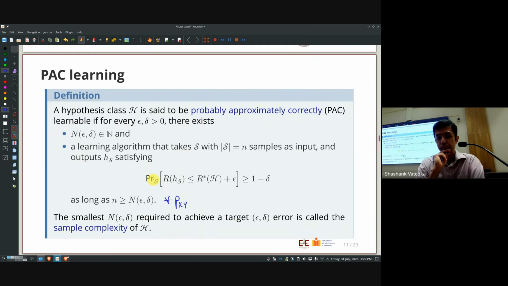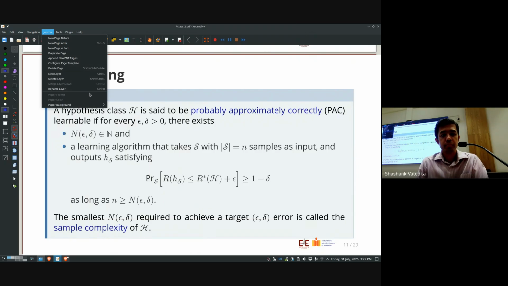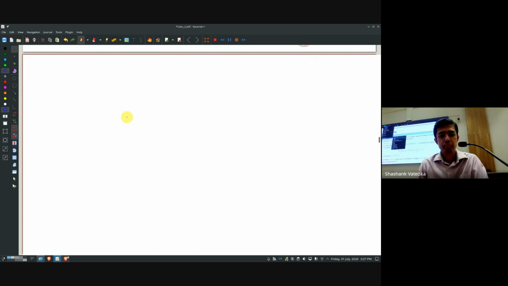Now, just to develop a little more intuition, let's assume that we have a concept class H, which is the set of all polynomials of degree, say, k.